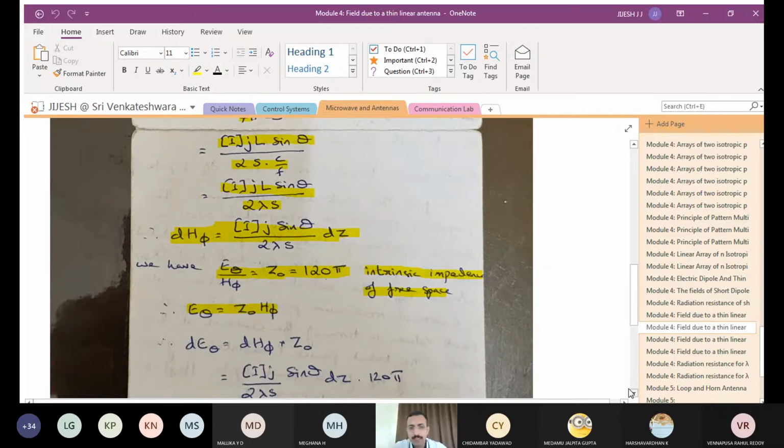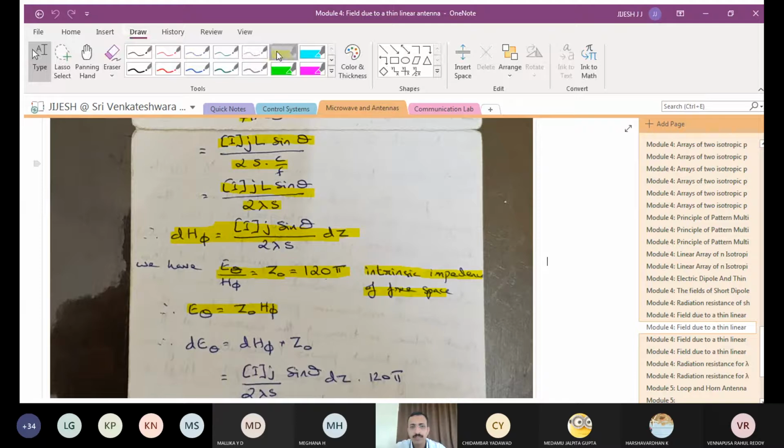So E theta can be written as Z naught H phi, and we can rewrite this as dE theta is equal to dH phi into Z naught. Let me now take the component dH phi which I have already found before.